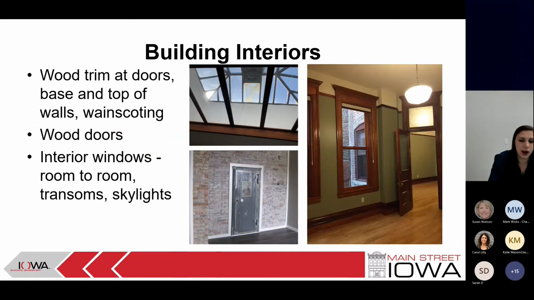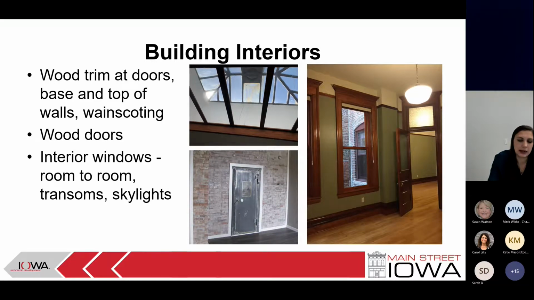Safes are another common feature that we see in historic interiors. Those are large, heavy metal doors, and also sometimes we see fire doors that are another feature to look out for and to retain within your historic interiors. And on the upper stories, be aware of woodwork around windows and doors and trim that are character defining features that should be retained.